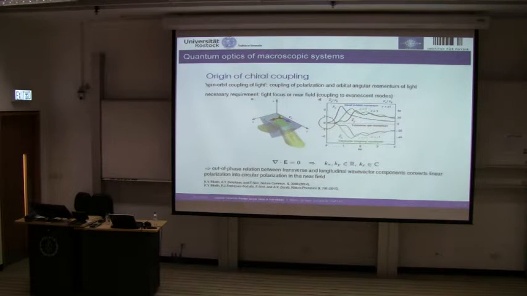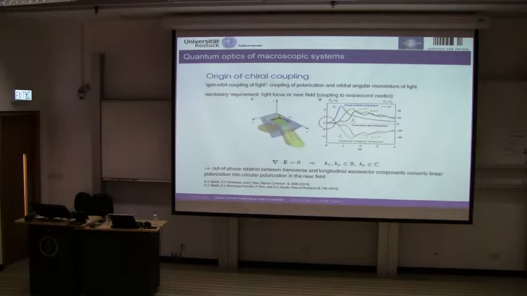And I believe the simplest reason for why this chiral coupling comes about is because you have a strong directional dependence, or actually a strong geometric dependence, of the wave factor of the field component in a particular direction.